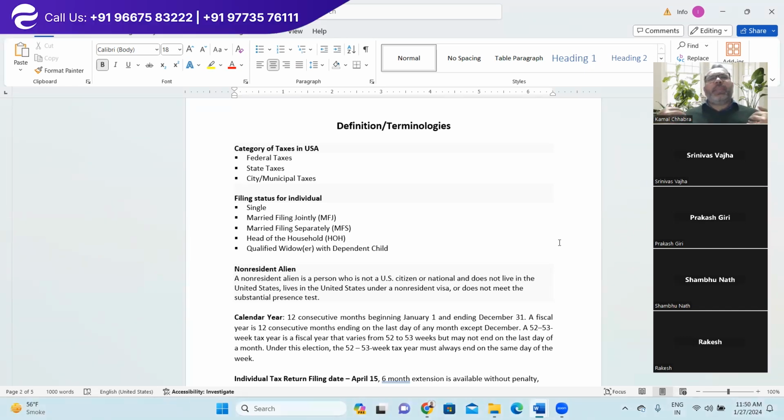So when you are doing the practice, for you it is very easy. You need to understand in which state that individual is working and you need to apply that rate to it, right? Second thing is city tax or municipal tax. It also varies in a range of 0.25% to 1.25%. If someone is living in San Francisco, then it may be 1% or 1.2%. If someone is living in New York, then it will be higher.